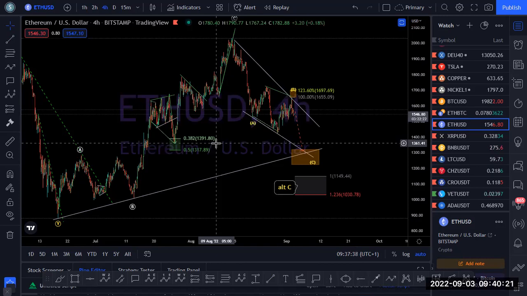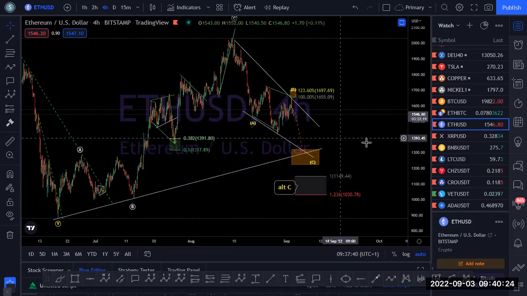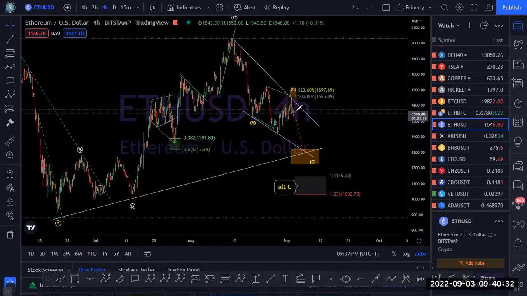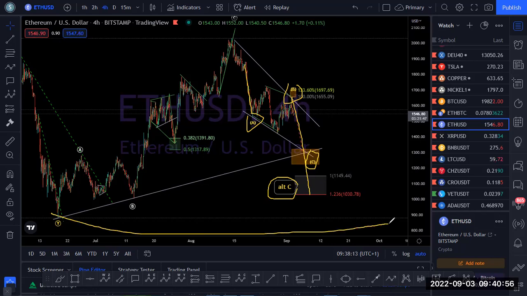I don't know why I'm giving so many lessons today, but take it as your luck. I have seen a pattern here again, and that pattern suggests we will likely see the price drop to this level. That's why I said alternate C. Normally this is my A, my B, my C. But because of the pattern I see, you might get as low as 1,100 on Ethereum. But I don't see Ethereum making a new low. I keep saying it. This new low of 900, I don't see it making a new low.